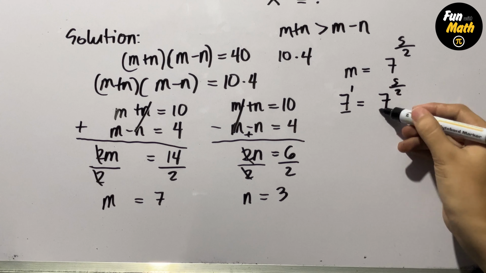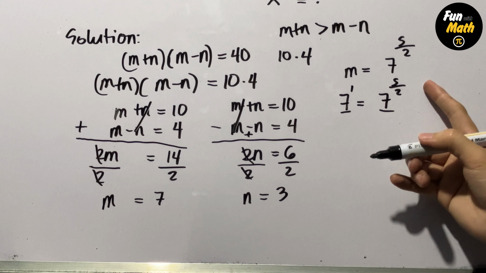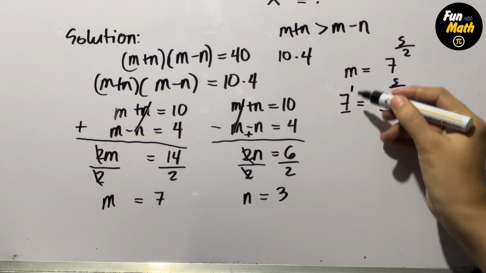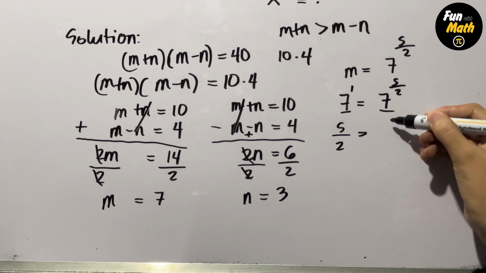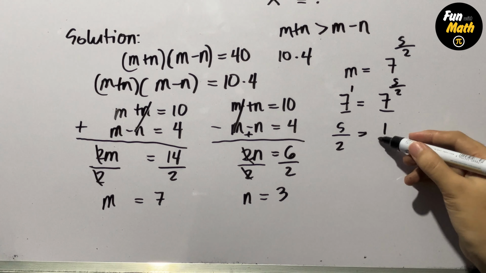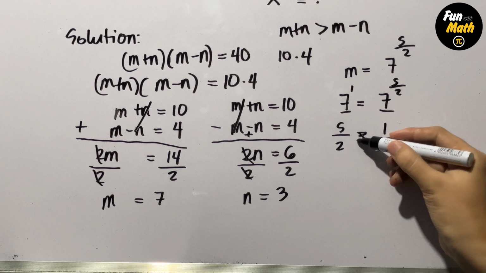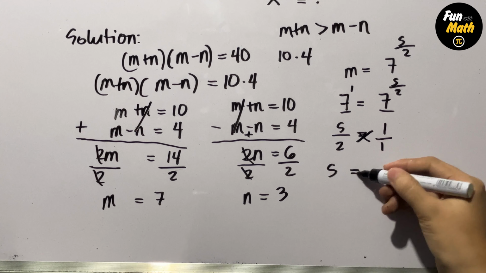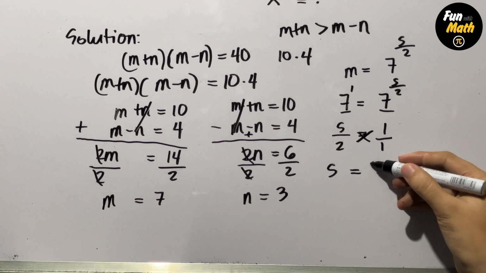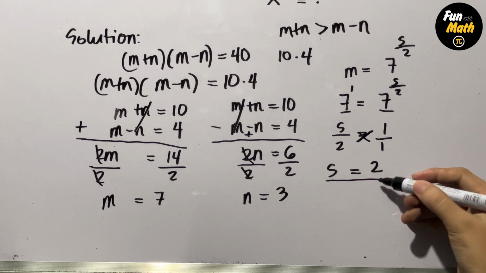So they have the same base, that means we can equate the power. And that is s over 2 equals 1. Then let's put over 1 so we can cross multiply. s times 1, that is s, equals 1 times 2, that is 2. So s is equal to 2.